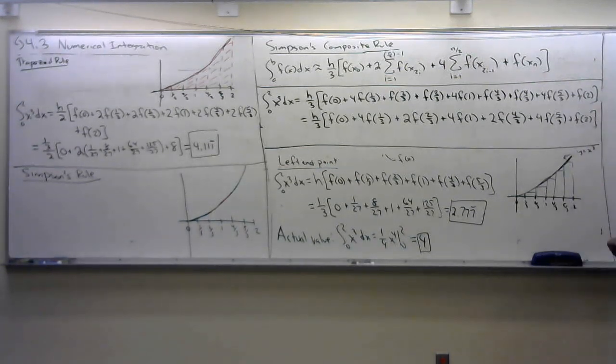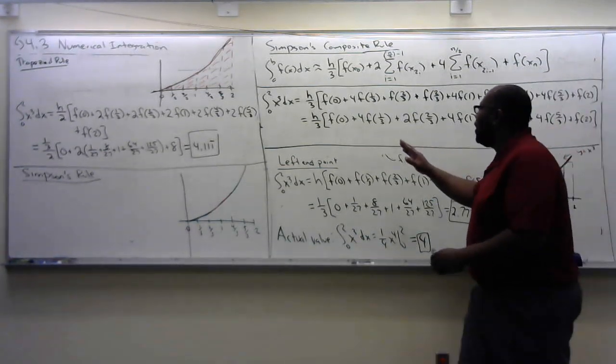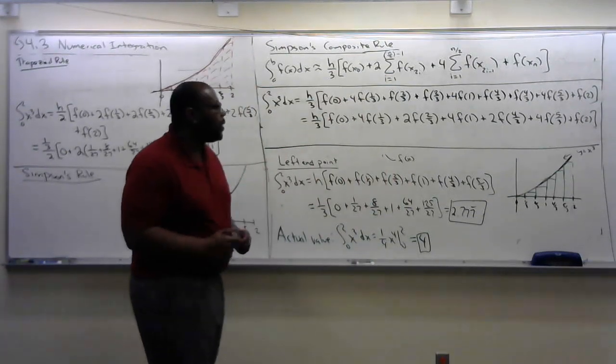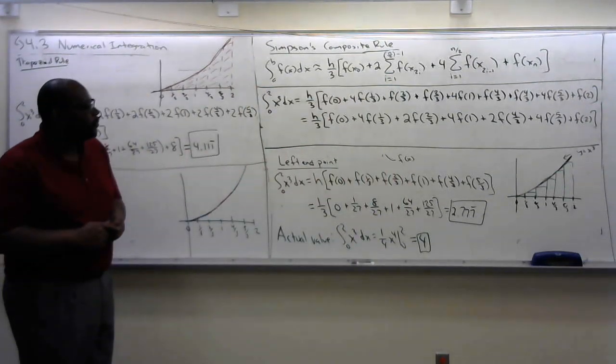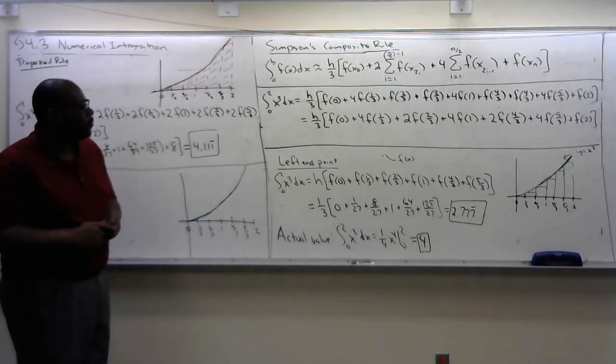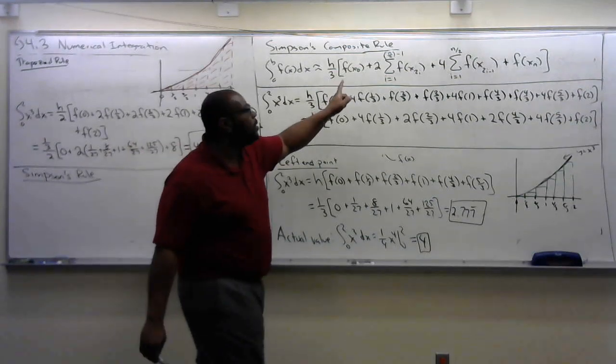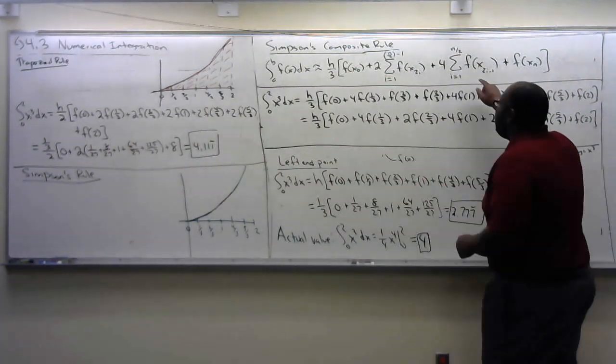The endpoints are just going to be multiplied by 1. So you have 1, 4, 2, 4, 2, 4, 2, 4, 2, 4, 1. That's how it ends. And this is what this statement is talking about right here.